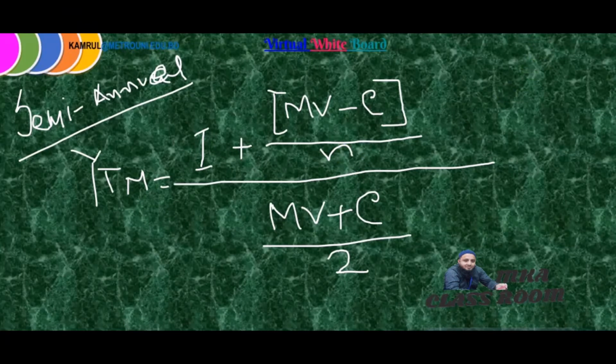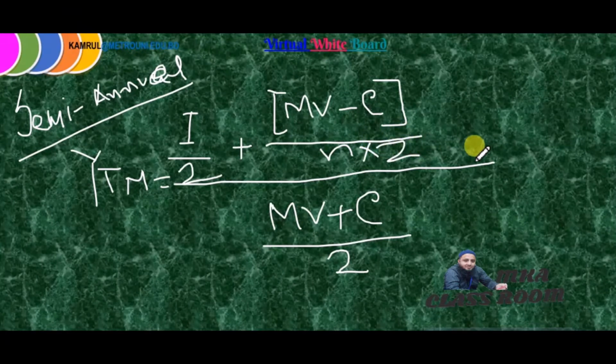Here, I means annual interest divided by 2, and N into 2.